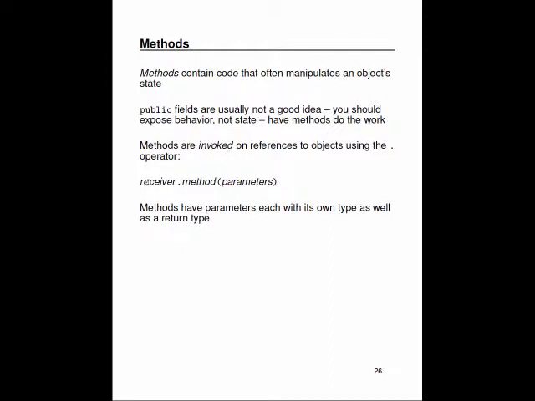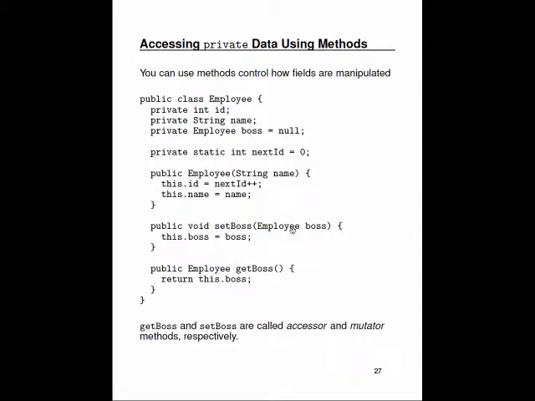And so when you work with methods, you invoke some method on what's called a receiver object and pass it some parameters. Here again, to that same point, I have a little employee class that has some private fields: an ID, a name, and a boss.